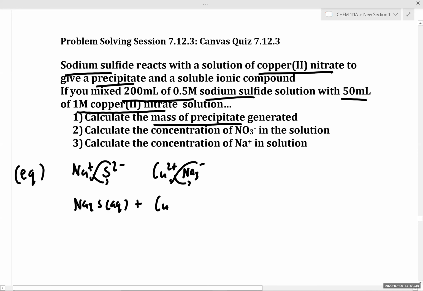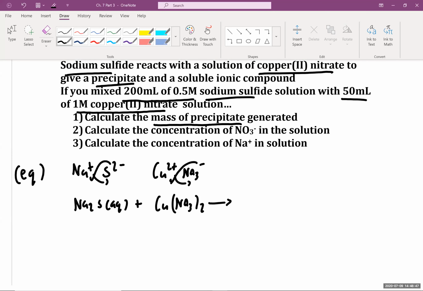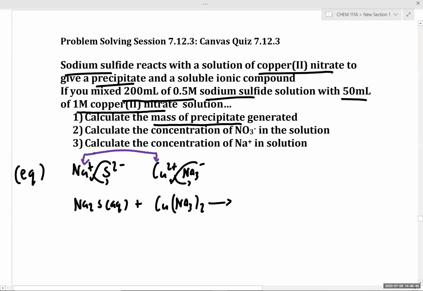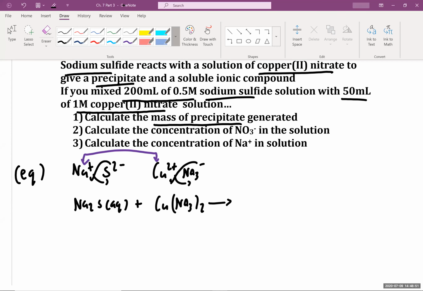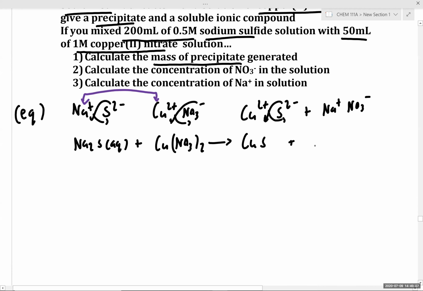We cross our charges, which gives us Cu(NO3)2. To predict the products, we swap our two cations, which gives us copper 2 plus crossed with S2 minus, which is copper sulfide, and sodium plus and NO3 minus, which when we cross our charges gives us sodium nitrate.